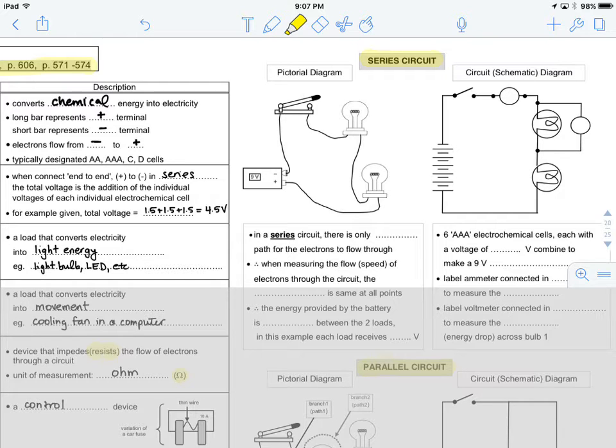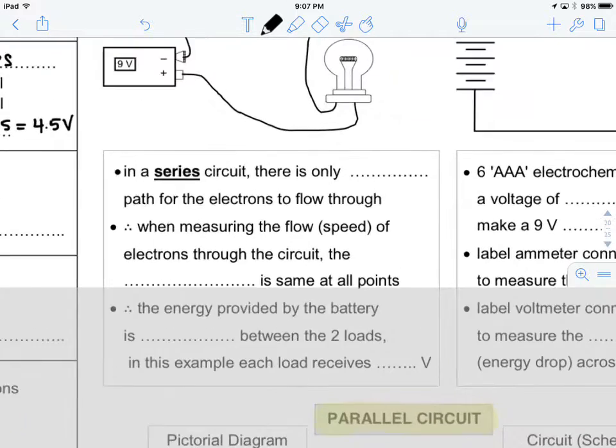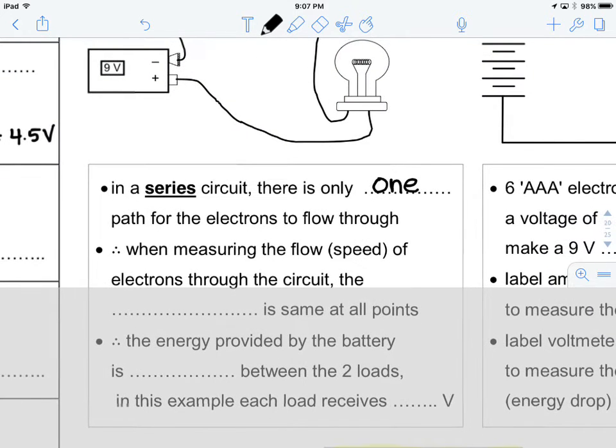So we're going to start with the series circuit, and you can see a picture of what a series looks like. And the important thing to note here is that in a series circuit, there is only one path. Okay? There is only one path for the electrons to flow through.